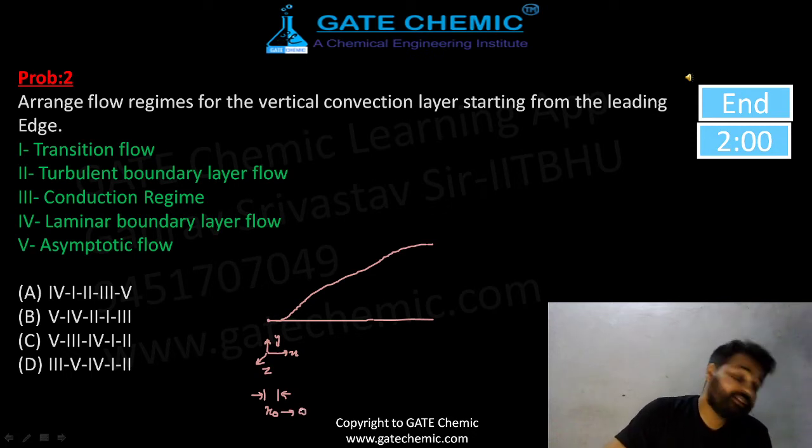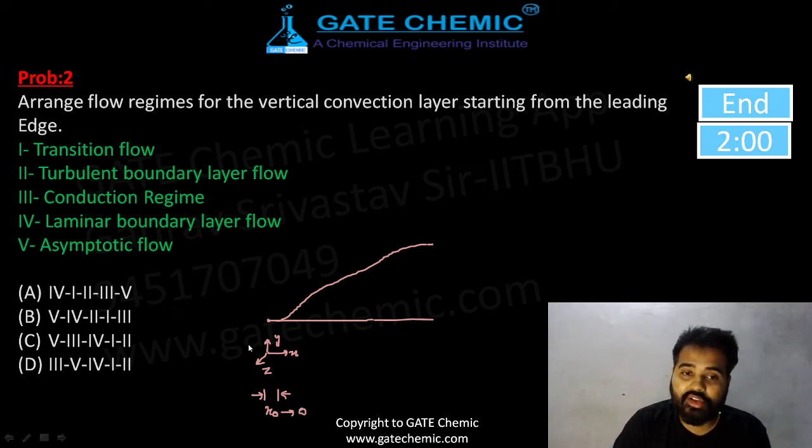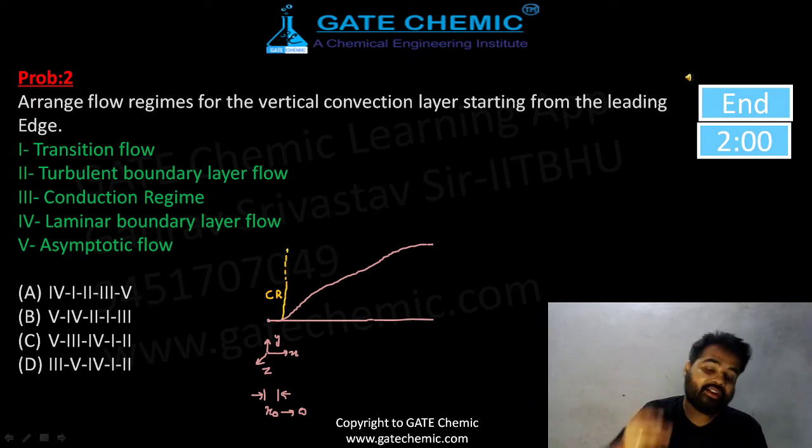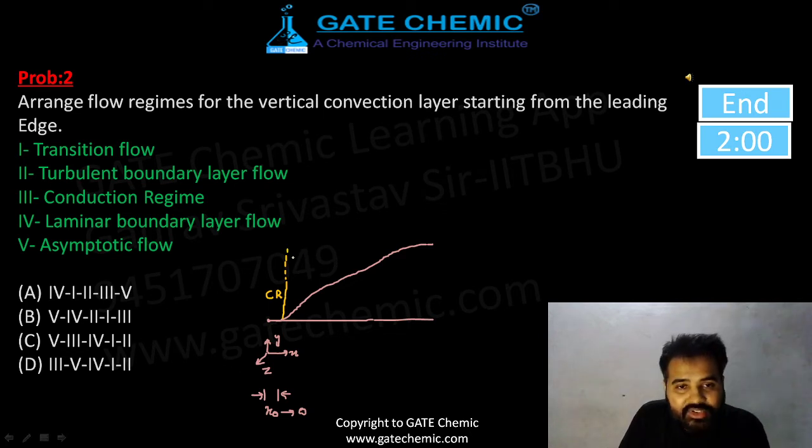This starting point is known as the conduction region, because first heat is going to transfer to the fluid from this point via conduction. So this is my conduction region. Once the conduction region is completed, your second region is asymptotic flow.